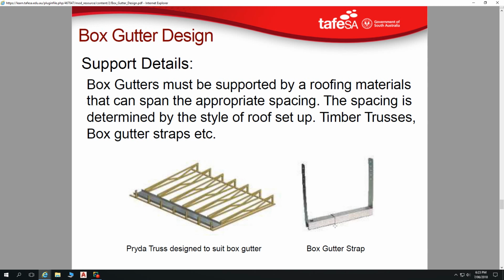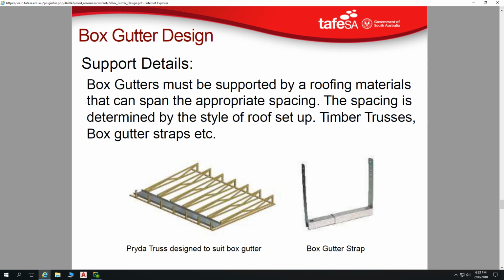You have a threaded rod like that, which might have a hook on the end. However, that's located at the top. So threaded rod, and then you have typically a 40 by 40 equal angle with a hole in it.